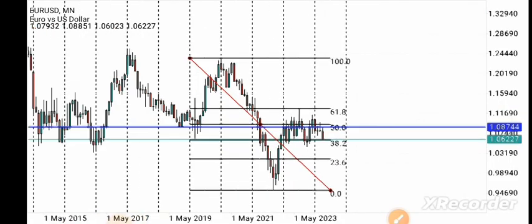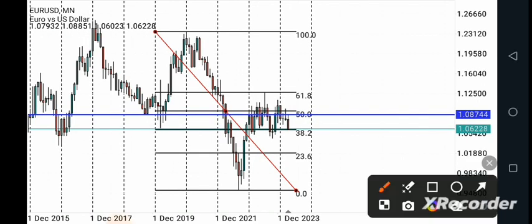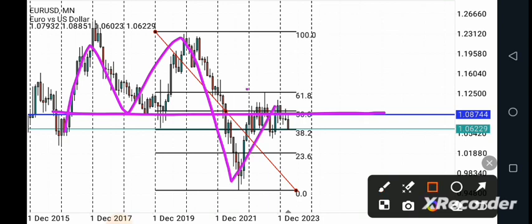Let's have a look, and we can see that the reason price came back to around this region is because we had this double top, and that's the neckline of that double top. We can also see that in regards to the Fibonacci retracement tool, price came back to around, let's say, between the 50% and the 61.8% Fibonacci retracement levels.